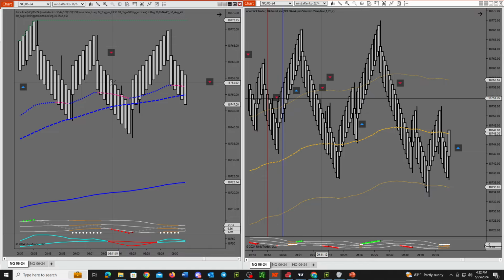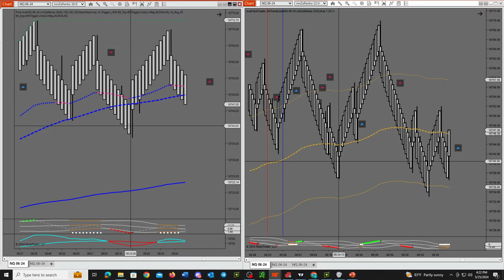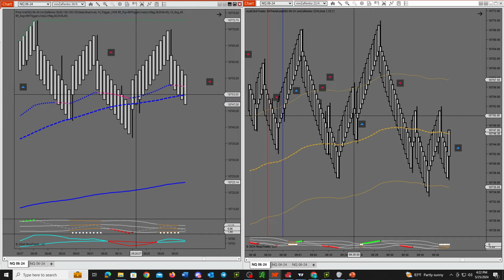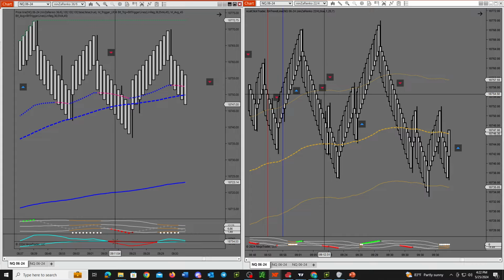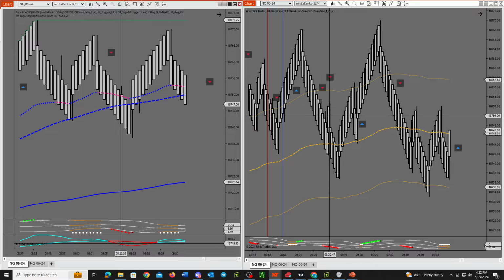We come all the way back in, press down a little bit further, but we're still bullish here. You'll notice that the trigger line's actually traded. I didn't really want to cover this in this video, but it complements the 216 EMA channel.